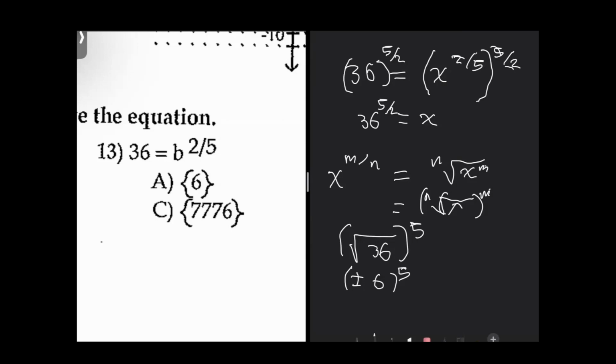So we're taking negative 6 to the 5th power and positive 6 to the 5th power. Now, negative 6 to the 5th is the same as negative 6 times negative 6 times negative 6 times negative 6 times negative 6, which could be pretty tedious, and even for the positive one as well. So I think it'd be best to now go to the calculator.